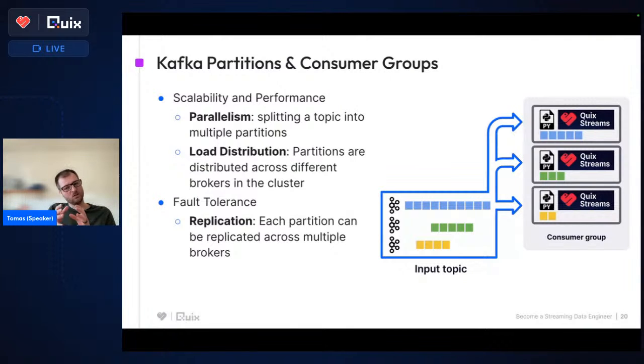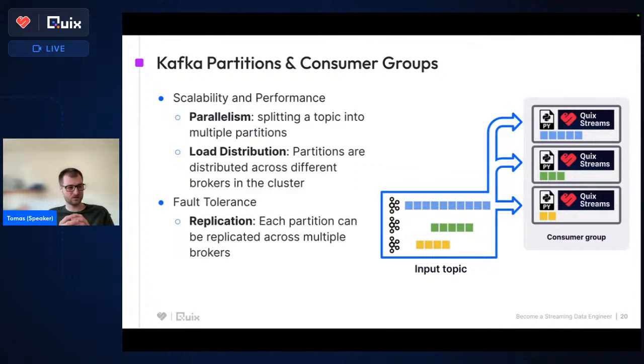And then when you process your data, you will create what is called a consumer group. So let's say that you create a new microservice that normalizes your data. That's what we're going to do today. And one service can't keep up with the ingestion rate of your data.